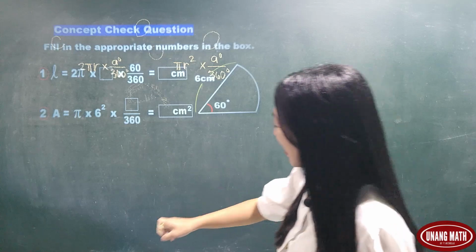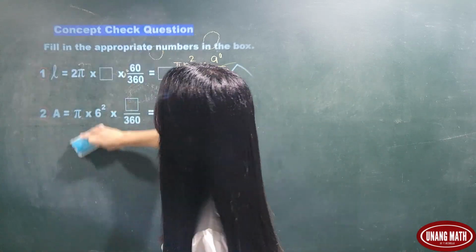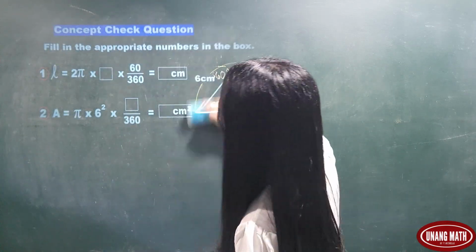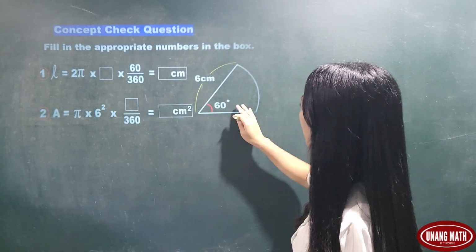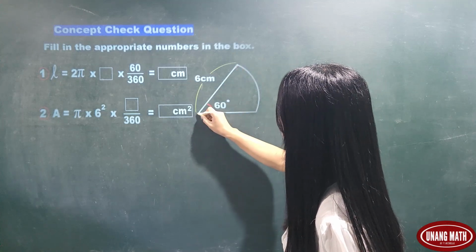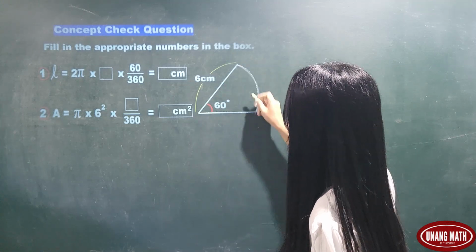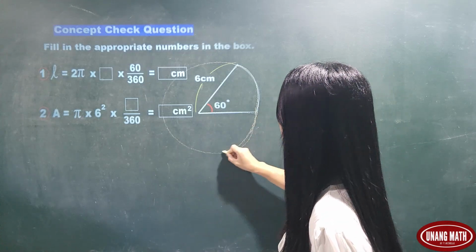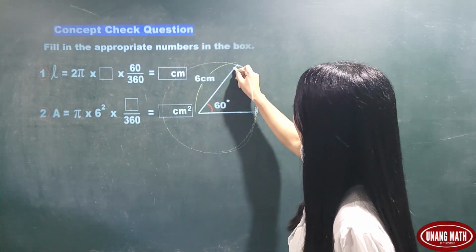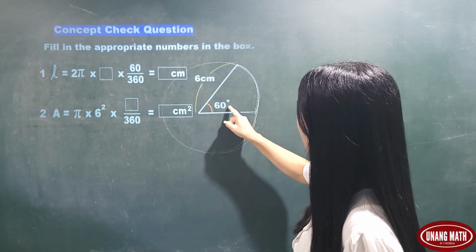Okay, this time, let's answer this concept check question. Fill in the appropriate numbers in the box. In this figure, this sector is part of this circle. The central angle is 60 degrees.